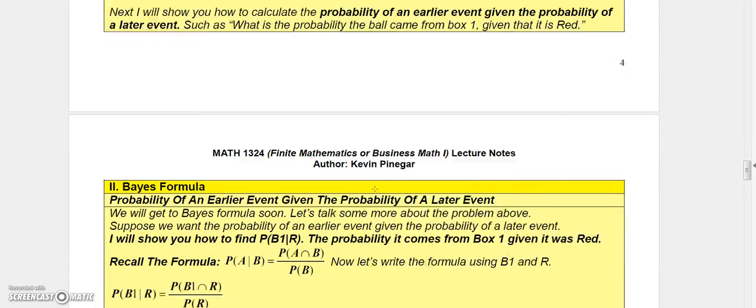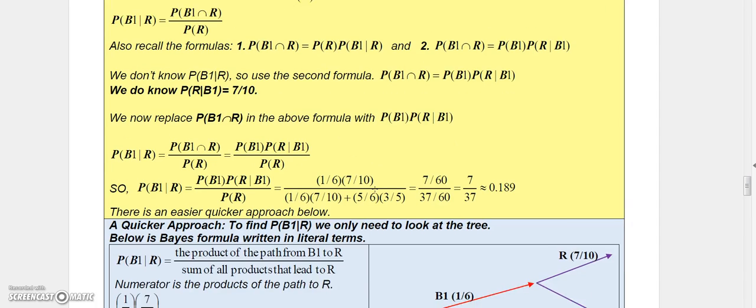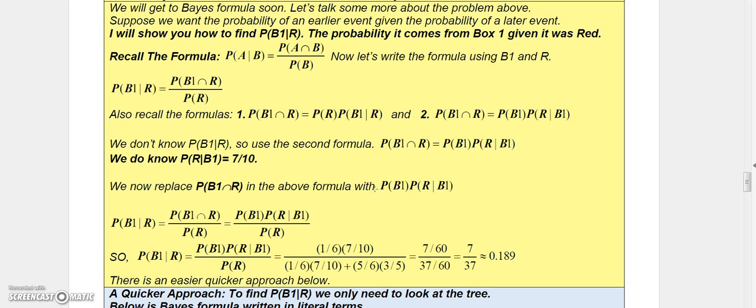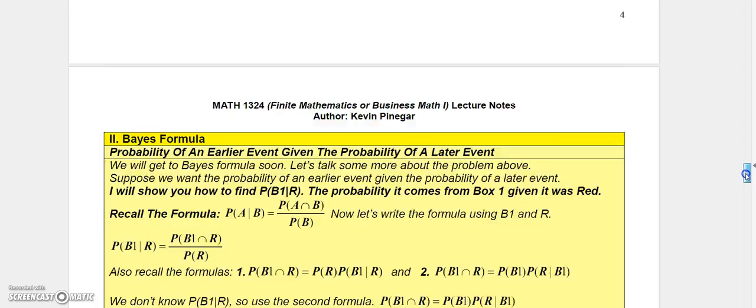Okay, now I know that seems very complicated, but let me just show you all I really did here. To find the probability of B1 given R, now you're going to love this, go back to the diagram and I'll show you.